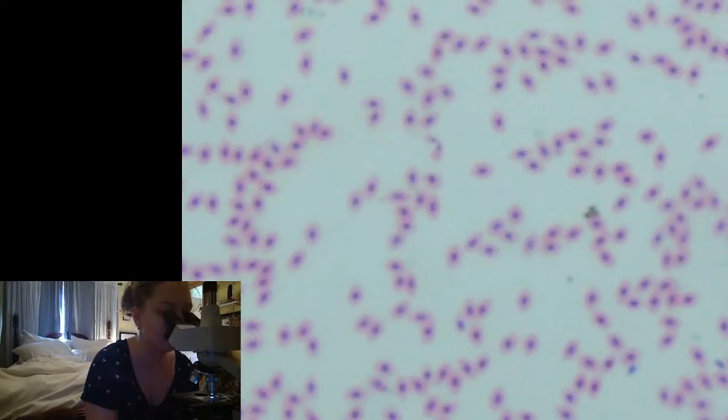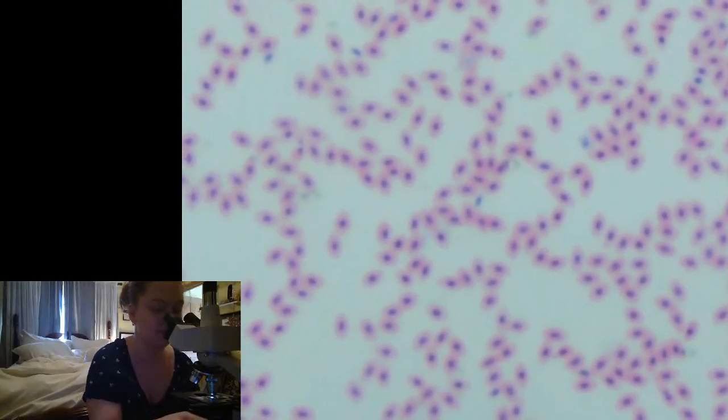Actually, it looks a lot like the frog blood. There's a lot more cells on this one than on the other one. Ooh, why won't it focus? This is weird.